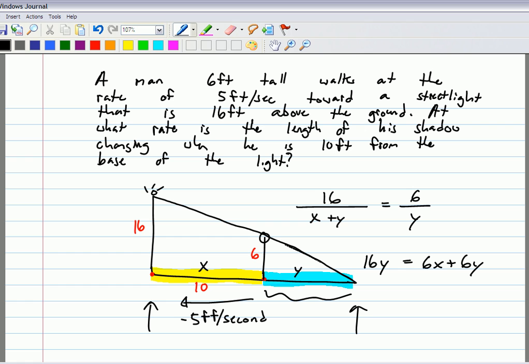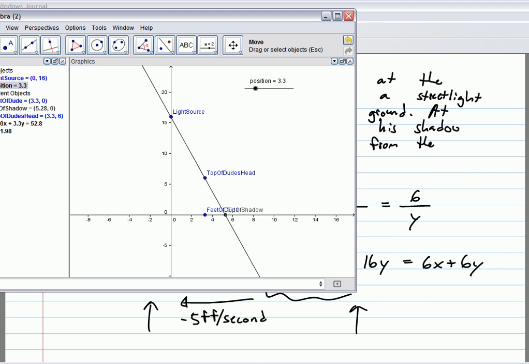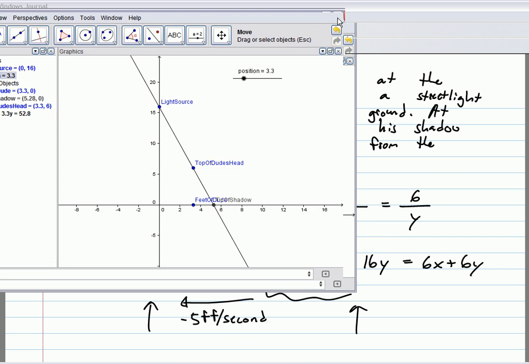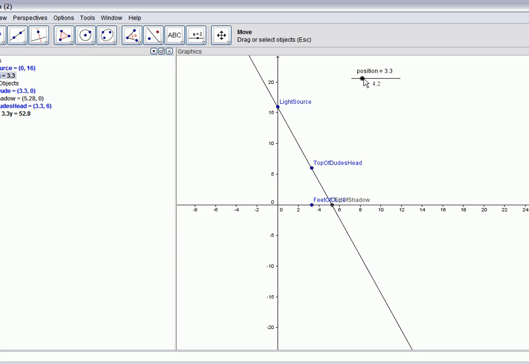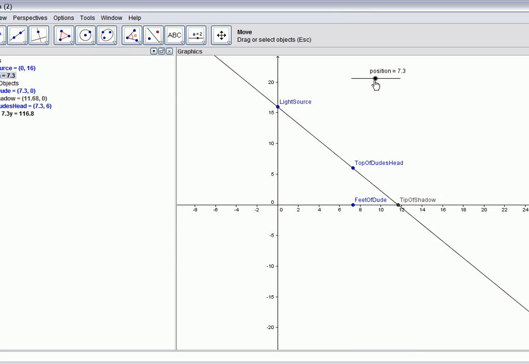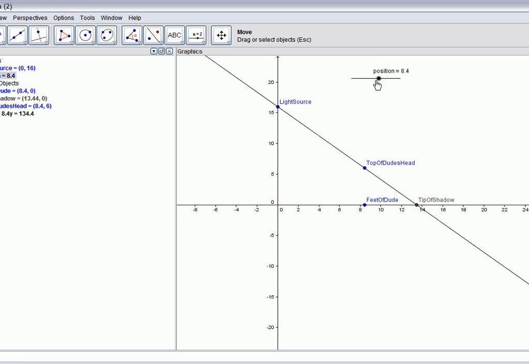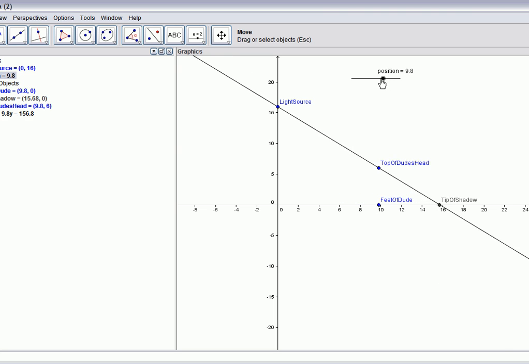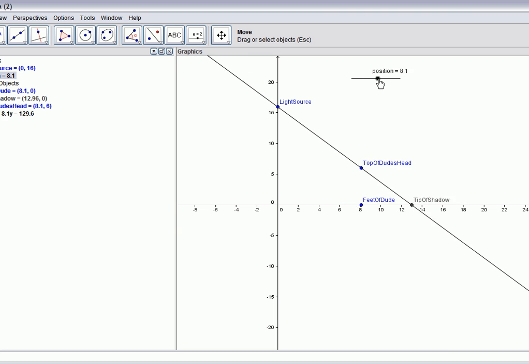So, now that you've got your model built, you'd want to start differentiating. Now, before I did this, I said, I wonder what the answer is if you use GeoGebra. I made this model right here, okay? You've got the light source, top of dude's head, feet of dude, and tip of shadow. I could change where the feet of the guy were.